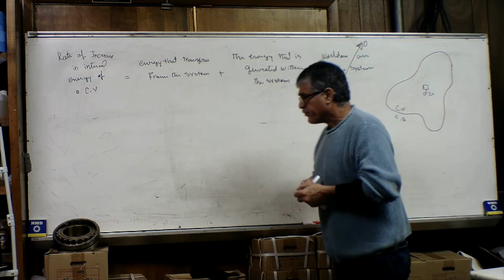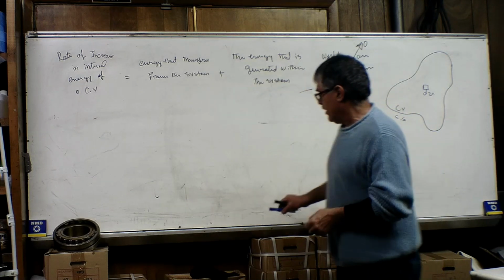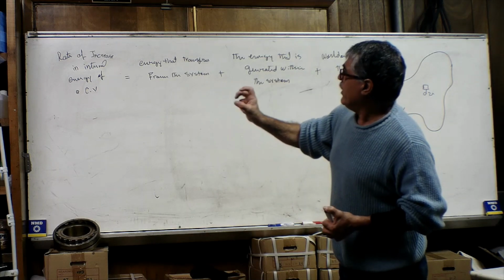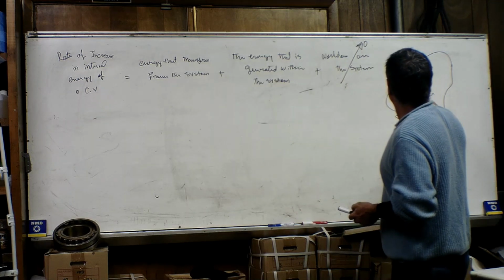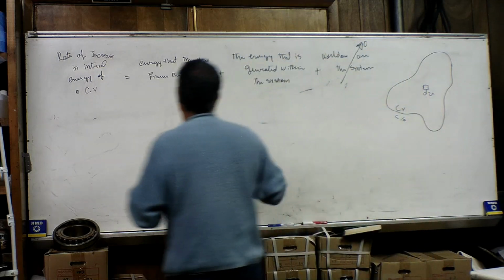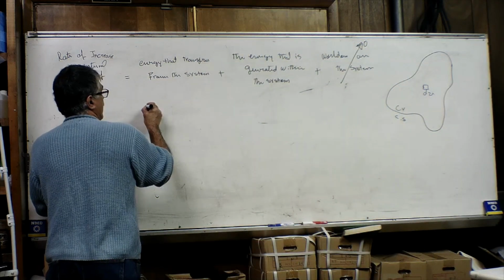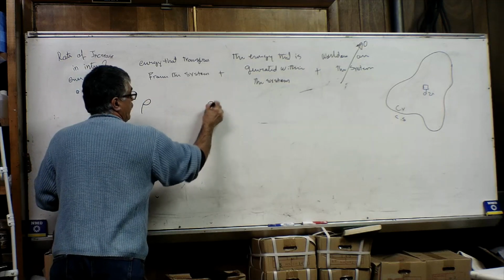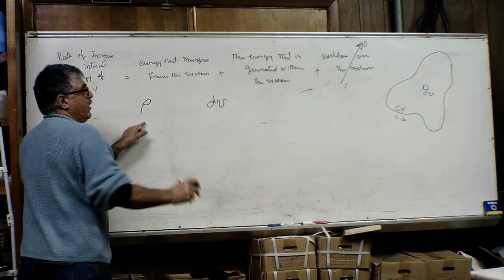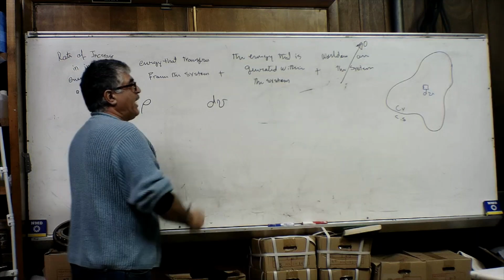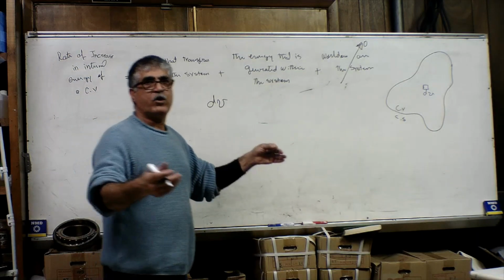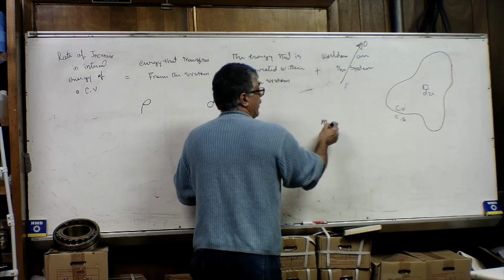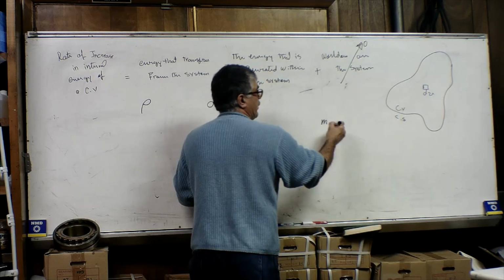Its mass by definition is density multiplied by volume, so the mass of that differential volume will be rho dV.